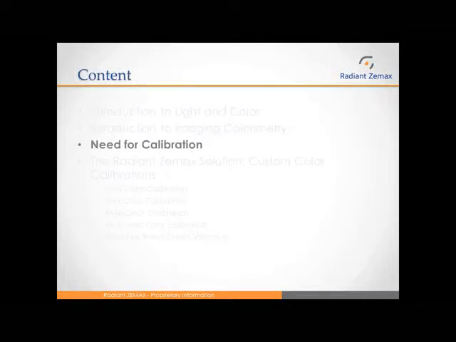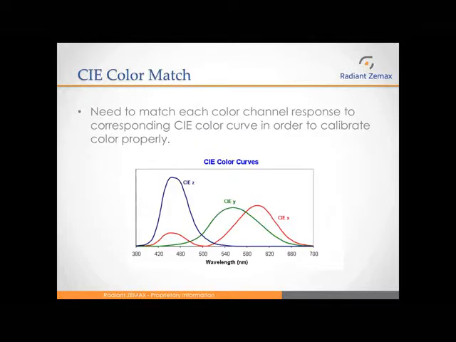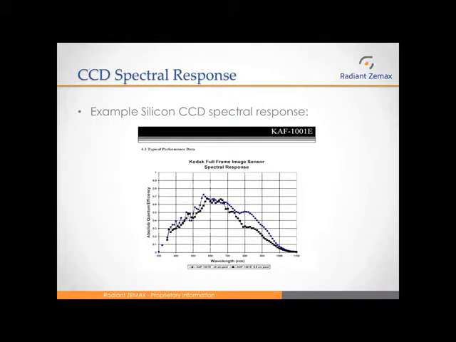Okay, so let's talk about the need for calibration. In order to get the very best possible color accuracy, we need the response through each color filter to match the CIE color curves as closely as possible. What that means is that we have to actually account for not only the filter response, but the CCD response.